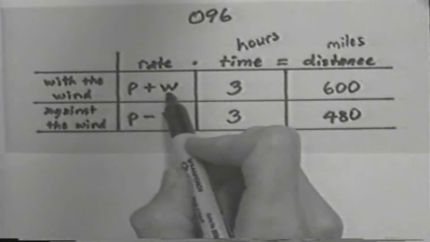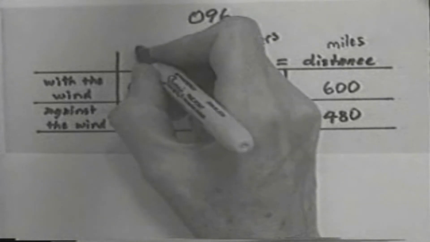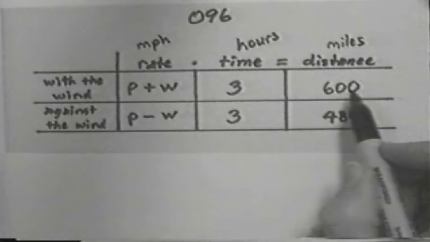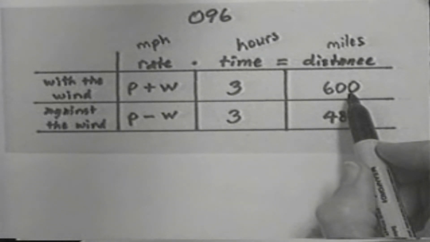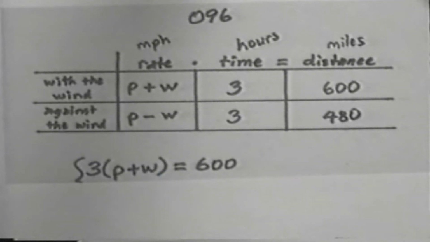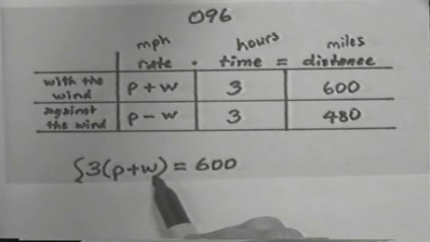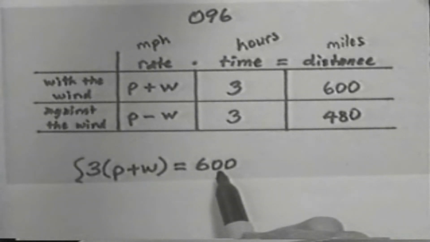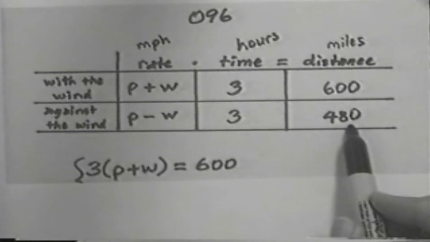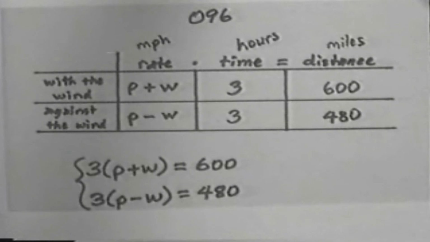So the rate, P plus W, which by the way must be in miles per hour, the rate P plus W times the time 3 must equal 600. P plus W times 3 I can better write as 3 times P plus W. So 3 times in parentheses P plus W equals 600. And the other equation comes from the second row. P minus W times 3 is 480. And so I get 3 times P minus W equals 480.